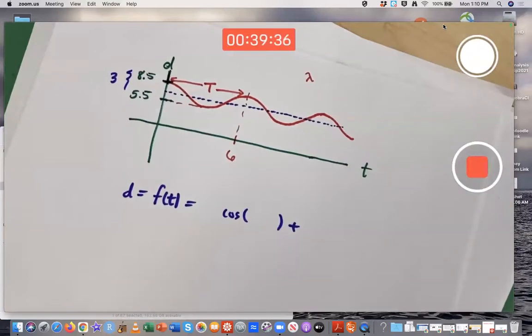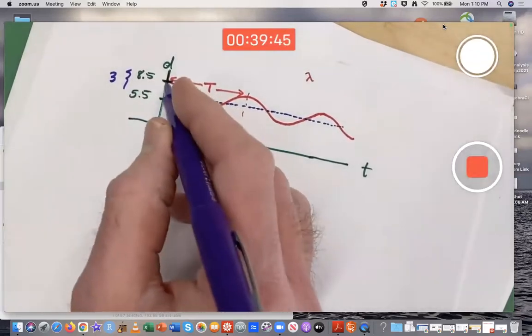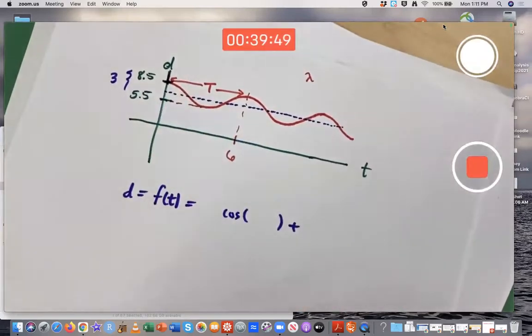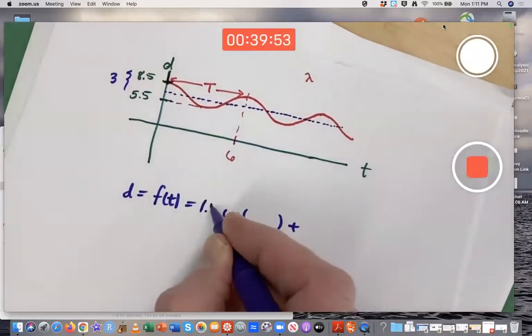Okay, if you got it, good. If you've done this kind of thing a lot. If not, it's okay. The amplitude is not the vertical distance between the max and the min. It's half of that distance. So the amplitude is 1.5.